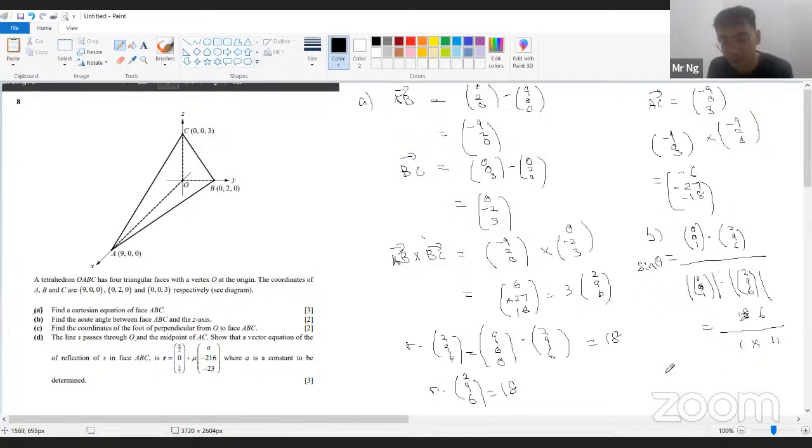So times 11, so theta equals sine inverse 6 over 11. I will give it in degrees: 33.1. Okay, done.